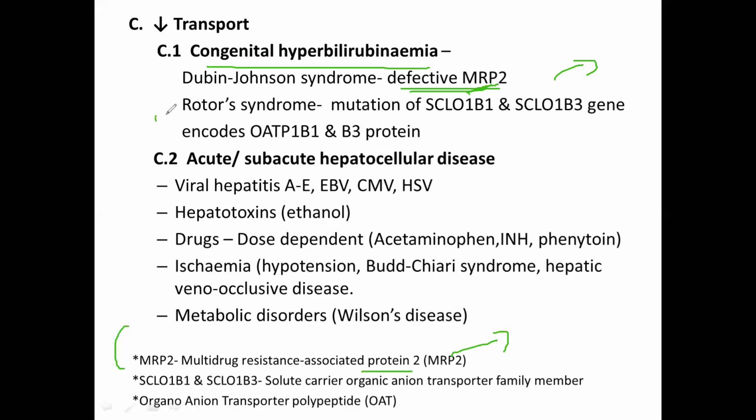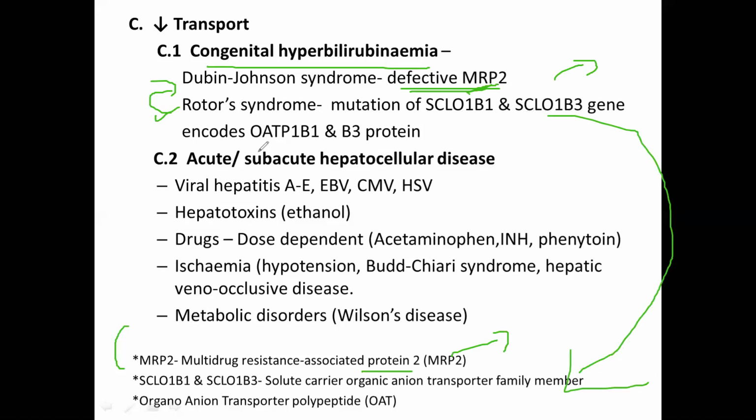Then the second one is Rotor syndrome. This Rotor syndrome is somewhat similar to Dubin-Johnson, and it occurs because of mutation of the SLCO1B1 and SLCO1B3 genes. The long form is mentioned below.